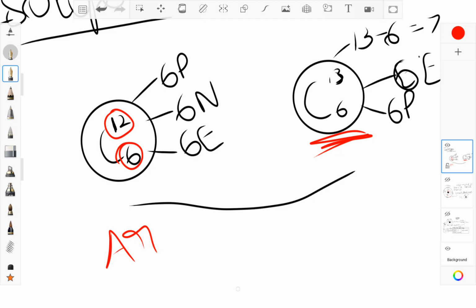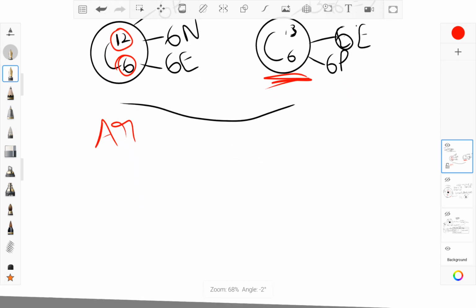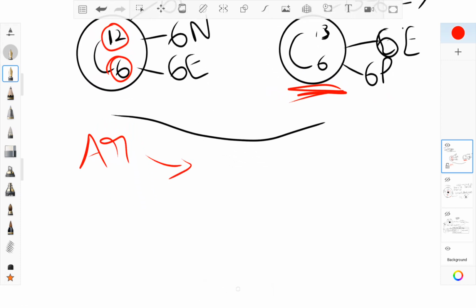Right. Now, to give you the actual definition of AR, it's the average mass of an element's isotopes compared to 1/12 of the mass of a carbon 12 atom, which is just a fancier way of saying what I explained before. And you can calculate AR using the formula: AR is equal to the atomic mass of the first isotope times its percentage abundance. Let me just write that down.